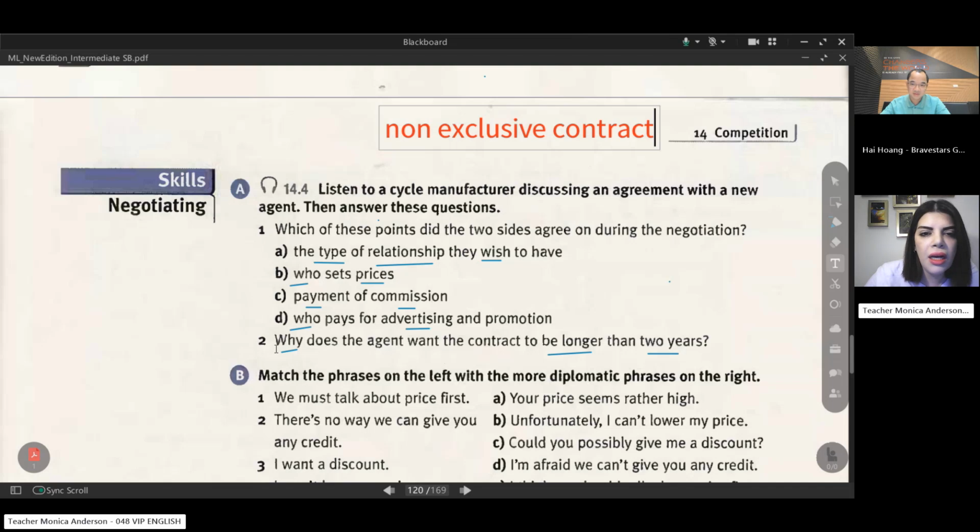And the next one: why does the agent want a contract to be longer than 2 years? Because he thinks that a long campaign will make it stable, and they can gain enough benefits.